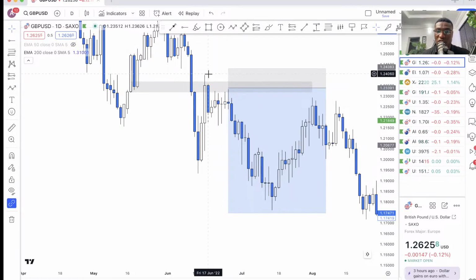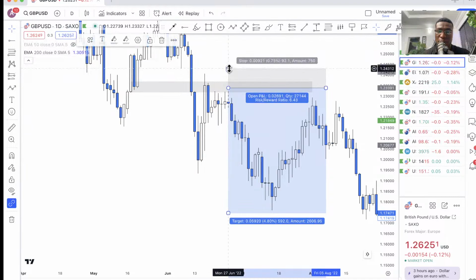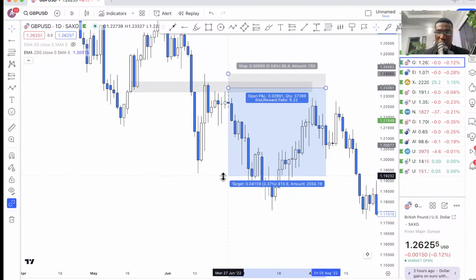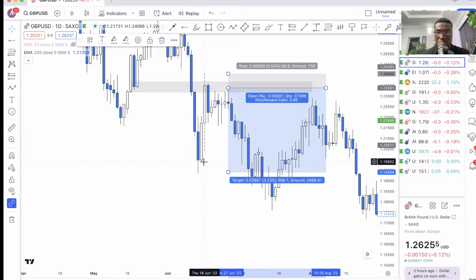A good place to set my stop loss would be above the high of this candlestick, right? And that'll give us about 65, let's just call it 70 pips stop loss. And if you're looking at the take profit, the most recent swing would be where? This is the most recent swing.